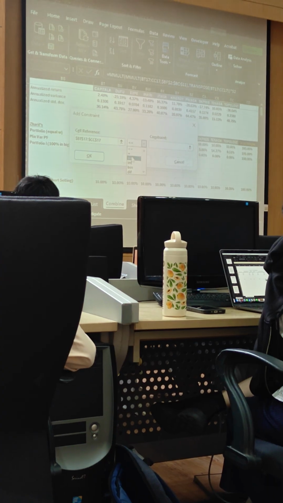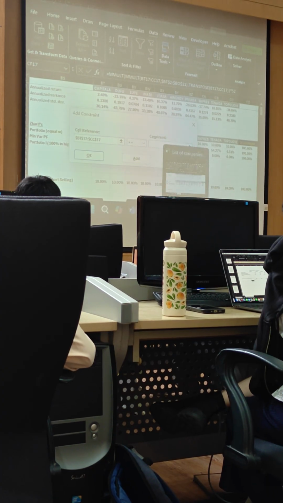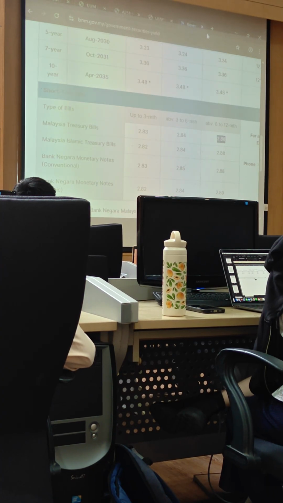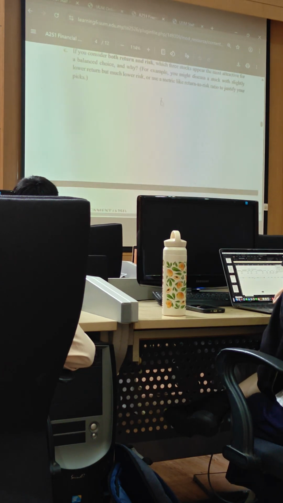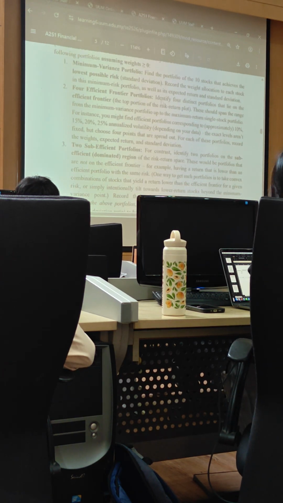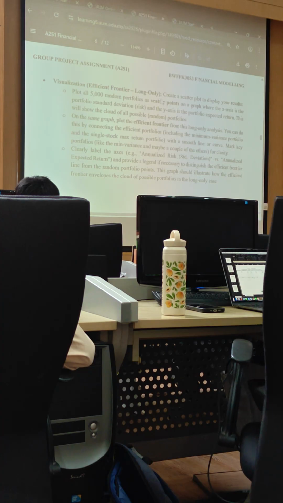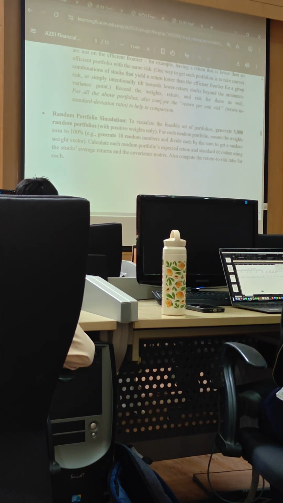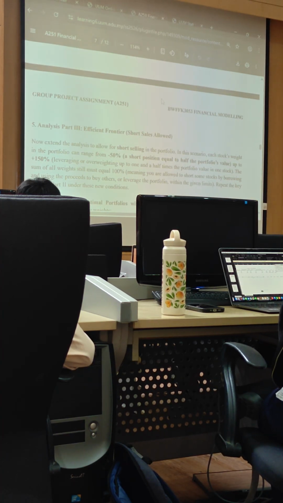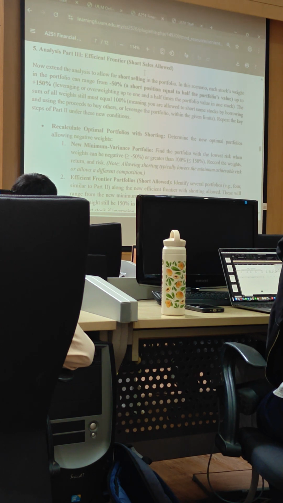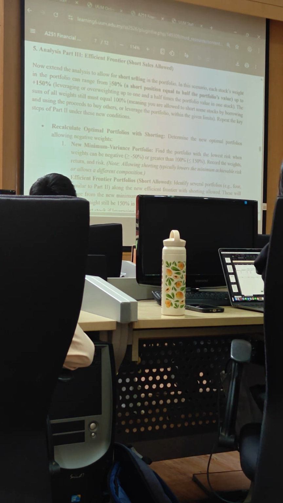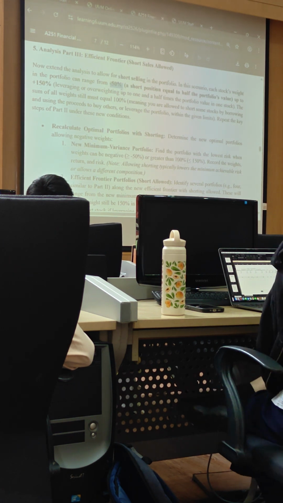However, if you look, kalau tengok dekat soalan assignment, for the short selling, short selling allowance, dia kata ranging from 150%.